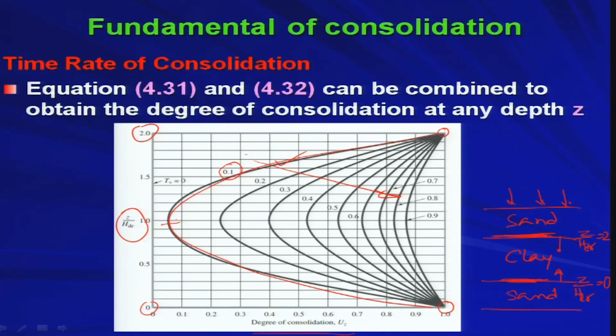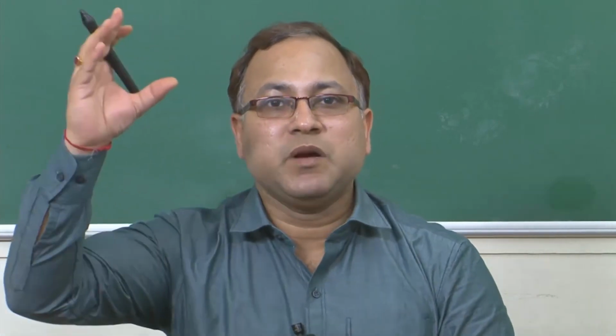At any point of time, if you look at the distribution of degree of consolidation along the depth, along the thickness of the layer, you will be getting the maximum degree of consolidation at the interfaces, that means at the drainage faces, and the minimum degree of consolidation at the middle of the layer.